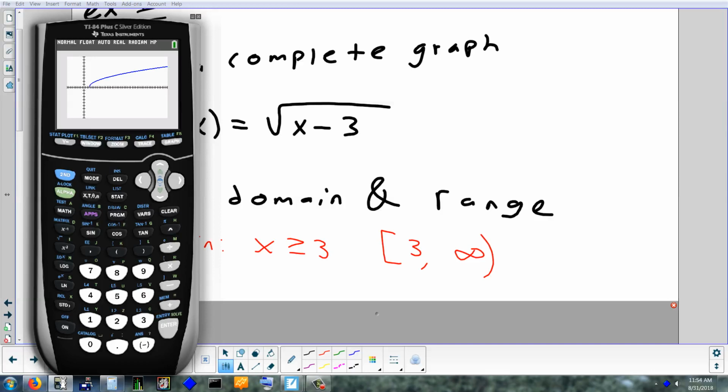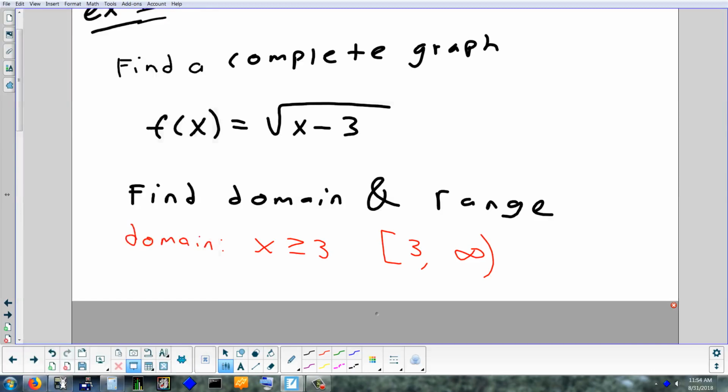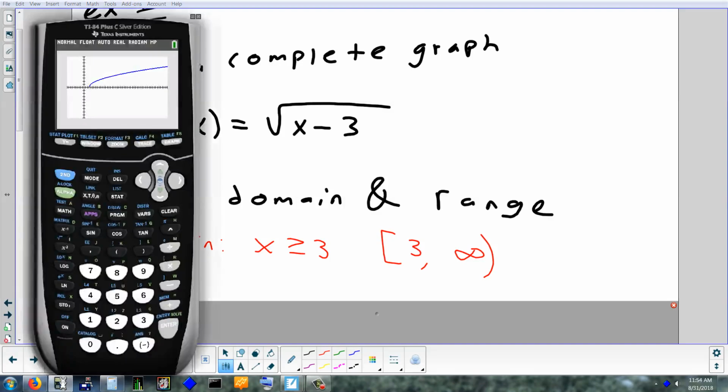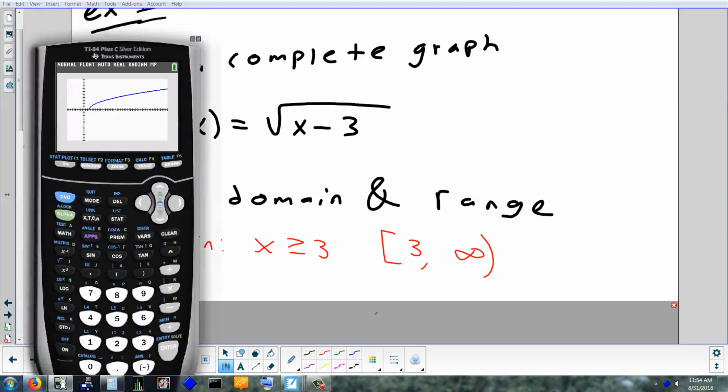Yeah, to infinity. It's never going to stop going up. Think, if x gets bigger and bigger, and you keep taking the square root of a number that's getting bigger and bigger, your answer just keeps getting bigger. It never stops going up. That's what I'm trying to show you in this curve. It's going up slowly, but it's still going up.